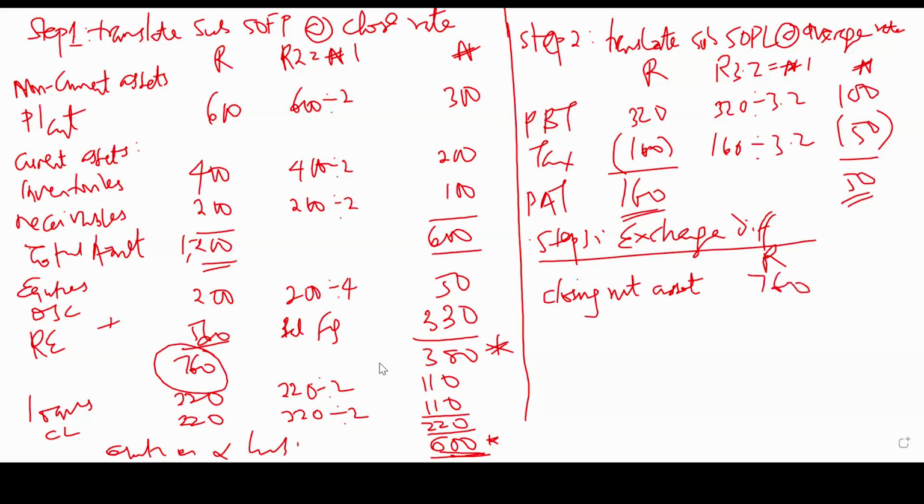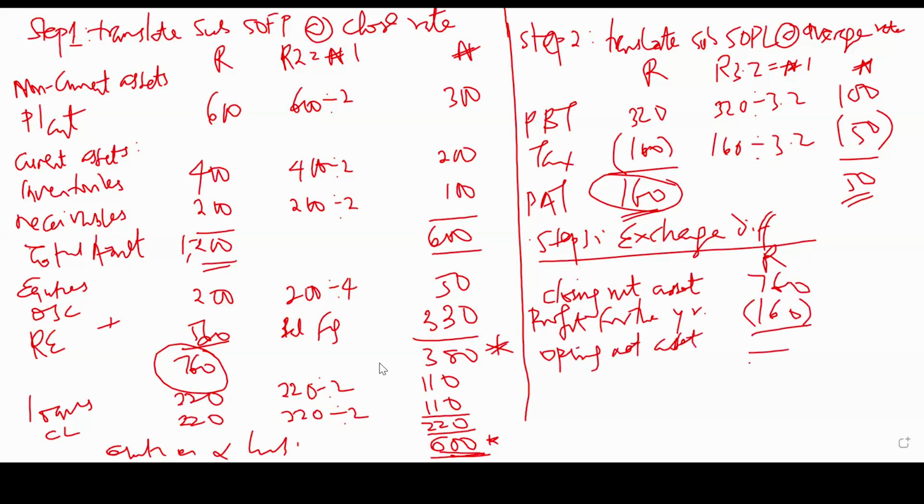Now, if you check their SOPL, this is their profit for the year. The profit for the year was 160, meaning if I take that away, I should have their opening net assets, which will give me 600.